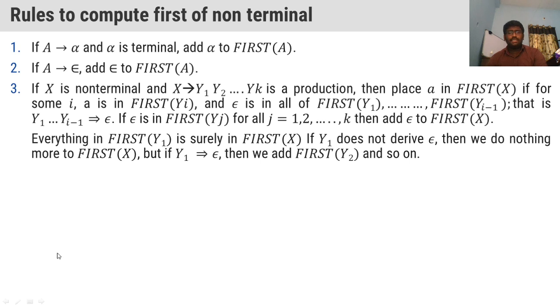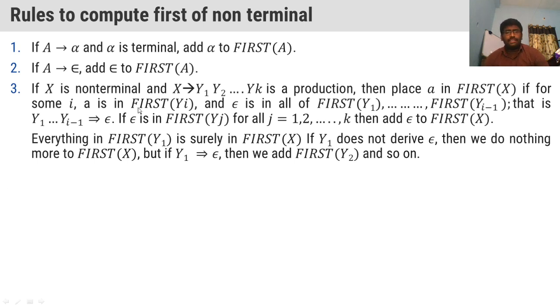So when we understand all these things clearly, what happens if the production is in the form of X implies Y1, Y2 and so on up to Yk? Y1, Y2, Y3 are non-terminals, they are actually non-terminals only.